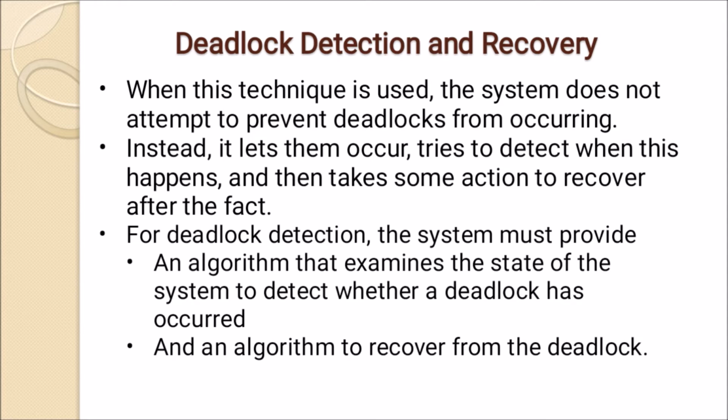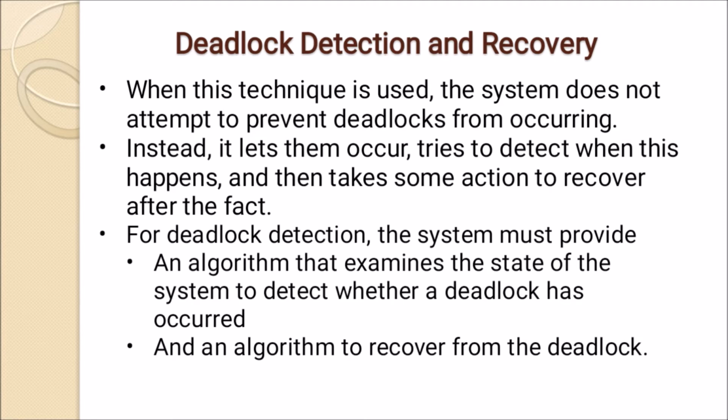Instead, it lets them occur once, then tries to detect when this happens, and then takes some action to recover after the fact. Okay, so this is the scenario in deadlock detection and recovery. The system does not try to prevent deadlock, it just lets it occur. Once deadlock has happened, it tries to detect it and then takes some action to recover after the fact.